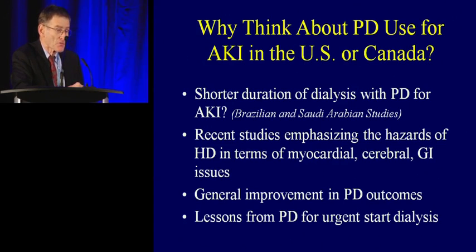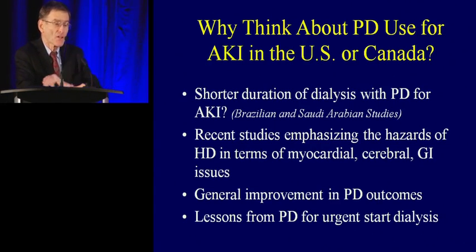Secondly, the studies by Chris McIntyre, who's now in London, Ontario, have done these fascinating studies emphasizing the hazards of hemodialysis in terms of myocardial, cerebral, and gastrointestinal toxicity. These issues he's raised, the ones that had myocardial stunning, the ones that had cerebral injury from cerebral hypoxia, and the idea that you have gastrointestinal ischemia and transbowel migration of endotoxin, for example.